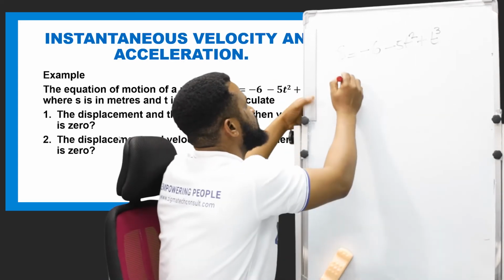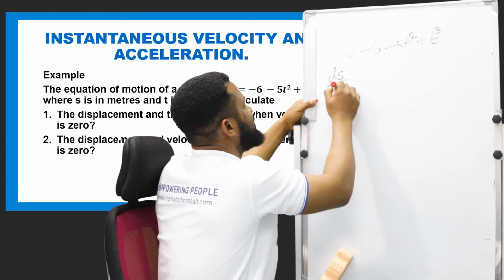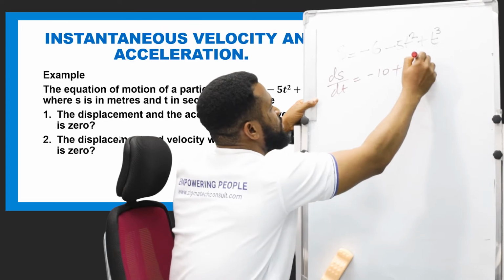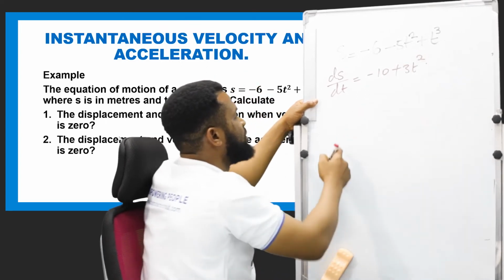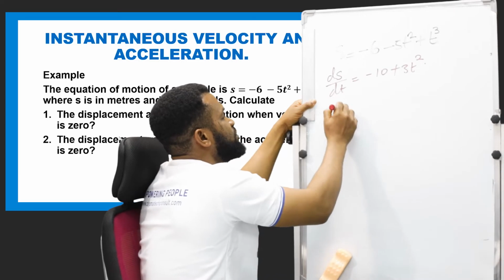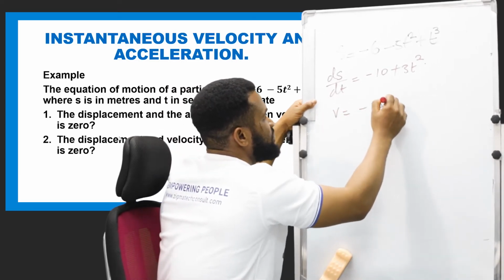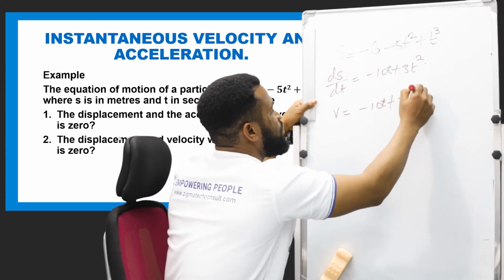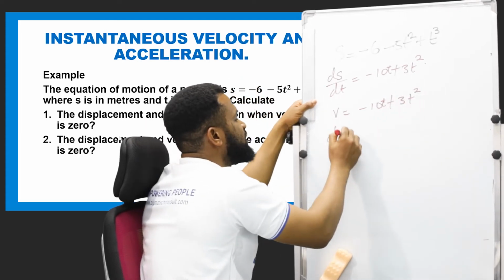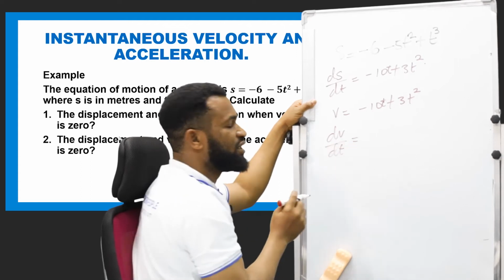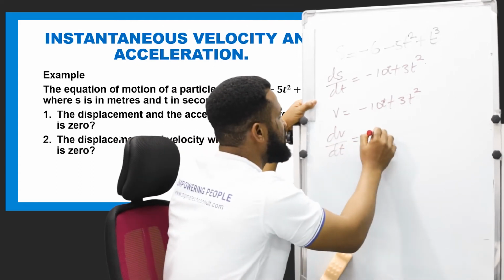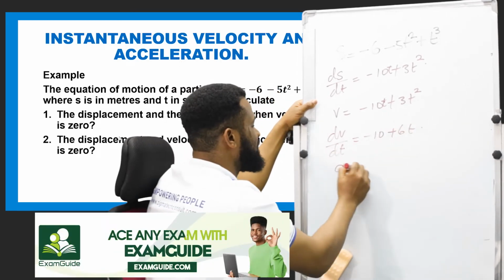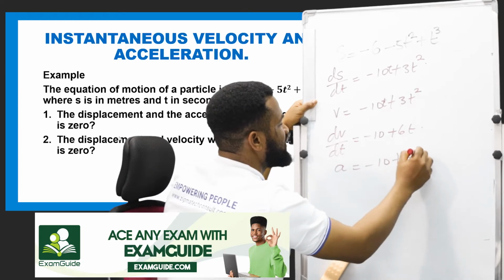So we are going to have ds/dt, which is velocity, is going to be minus 10t plus 3t raised to the power 2. Now when I say dv/dt, that is going to be acceleration, which is going to be minus 10 plus 6t. So this is acceleration now, giving us minus 10 plus 6t.